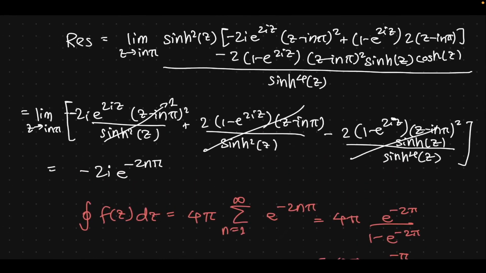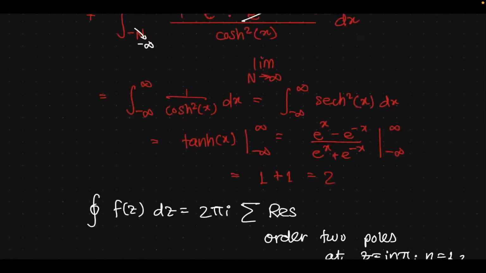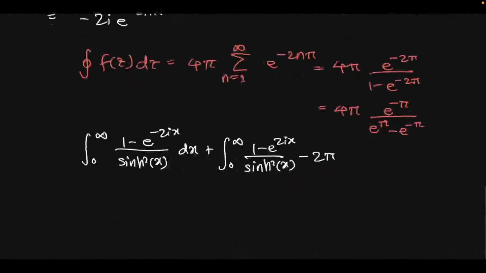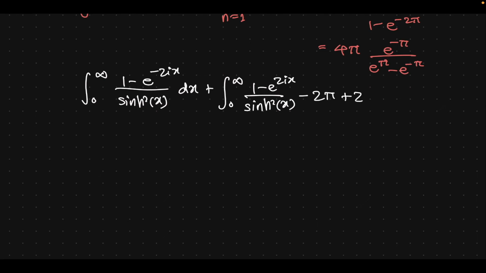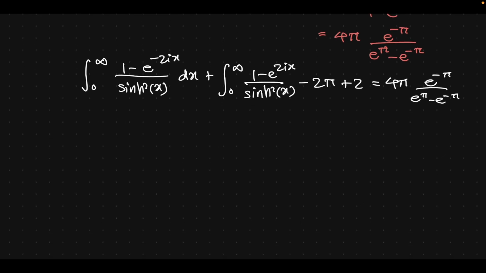And then we also have to use the contribution, the 2 from the top. All of that is equal to 4 pi e to the minus pi over e to the pi. Like that. We can move the 2 pi over there. This becomes 2 minus 2.